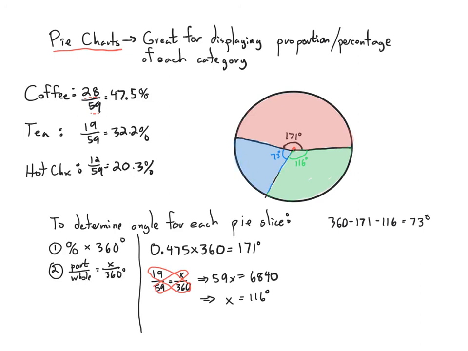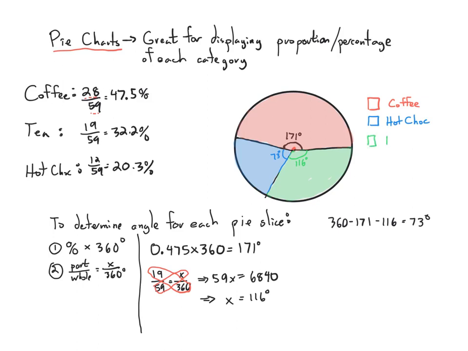And there is our pie chart. So we'll do a little legend. So red will be coffee. Blue was hot chocolate. And green was tea.